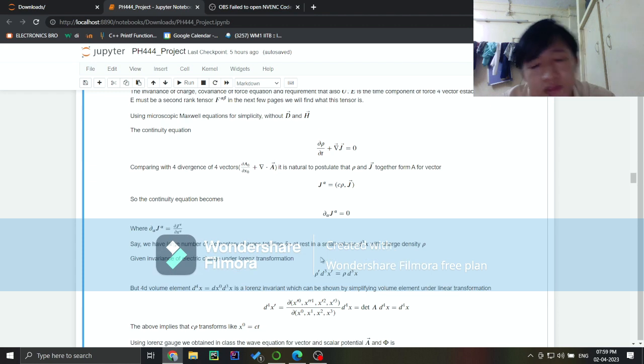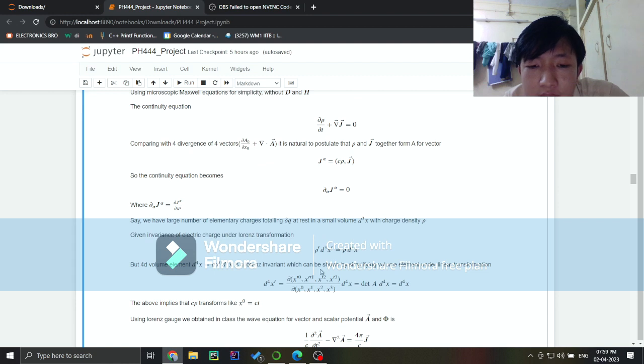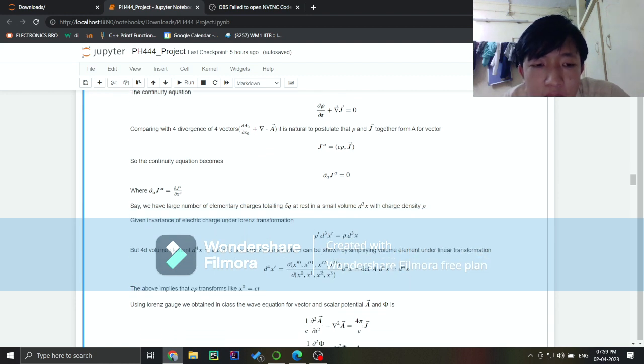Next we consider a small charge element in a volume d³x, and we say that the density of the charge in the volume d³x is ρ. We know that the charge does not change under the Lorentz transformation, so ρ' d³x' is equal to ρ d³x. But we know that the 4D volume element is invariant, which we can show by doing this Jacobian thing.